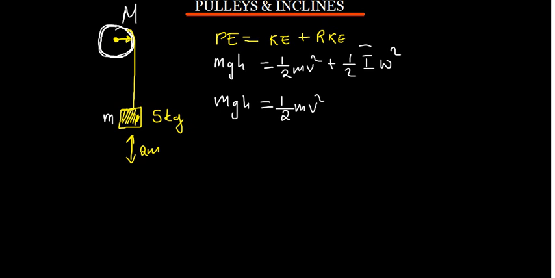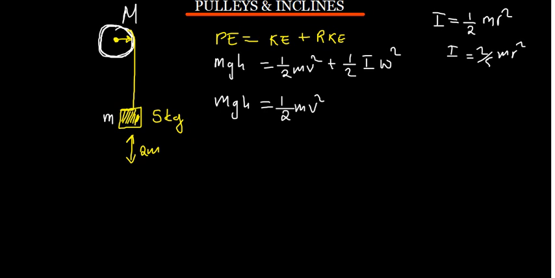Now how do you find moment of inertia? It depends on the shape. If it is a solid disk, it's half mr squared. If it is a sphere, it's 2 over 5 mr squared. Depending on what they give you, they will also give you the moment of inertia.